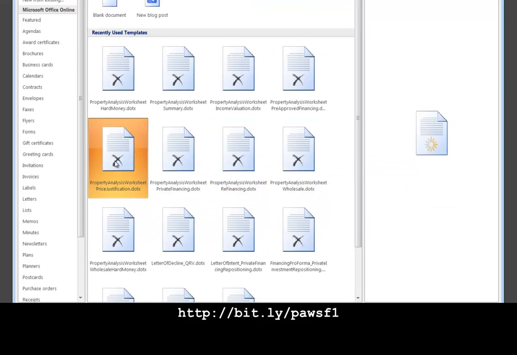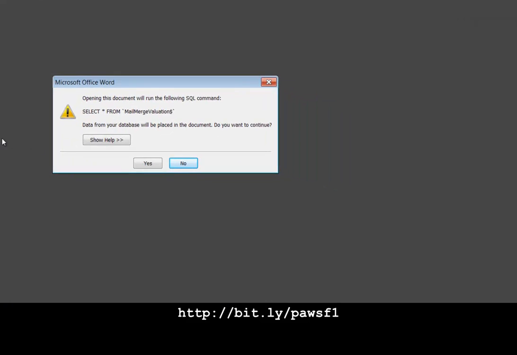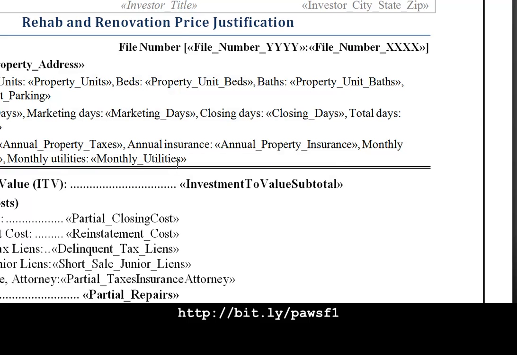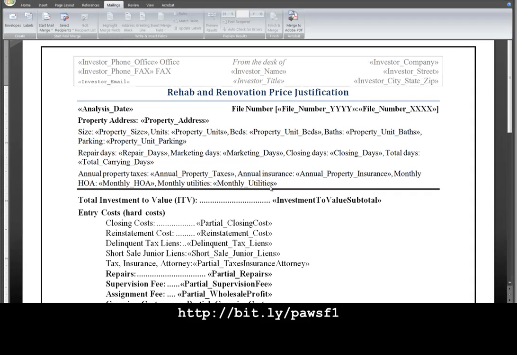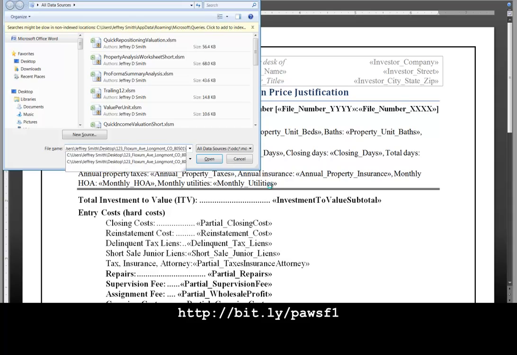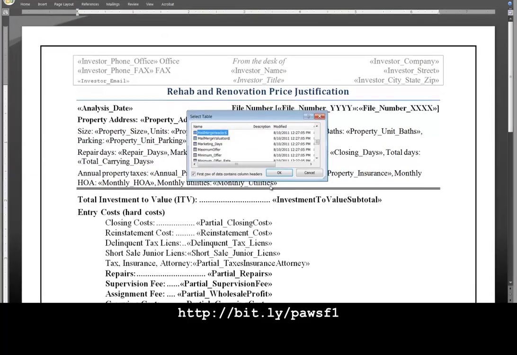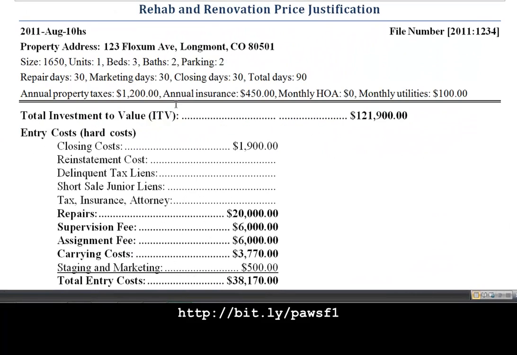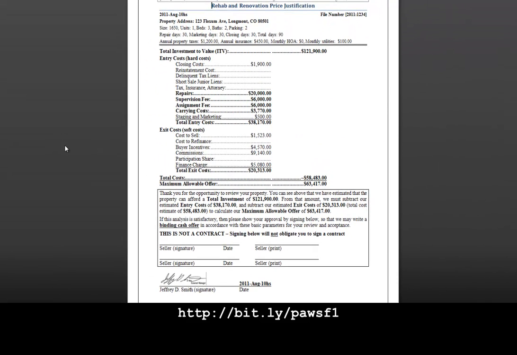Now the price justification is what we would show to the motivated seller or to the listing broker for drafting a contract. Here we show just the total investment to value is $121,900.